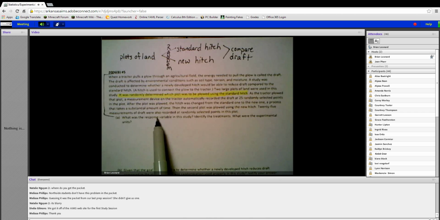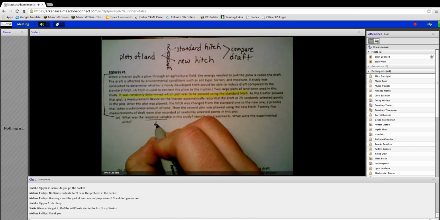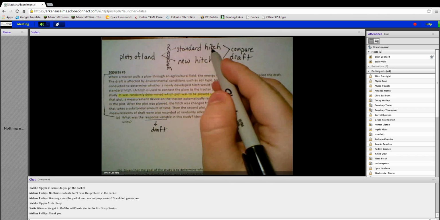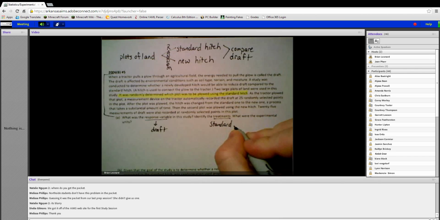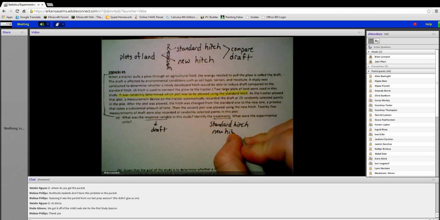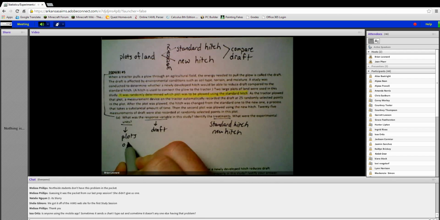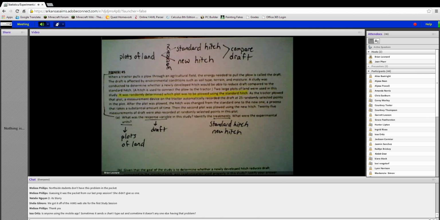Because now, what's the response variable? Well, the response is the draft. The treatments, well, we labeled those up here. It's the standard hitch and the new hitch. And the units are my plots of land. So, all that straight off my picture, okay?